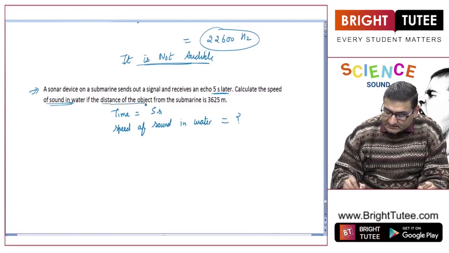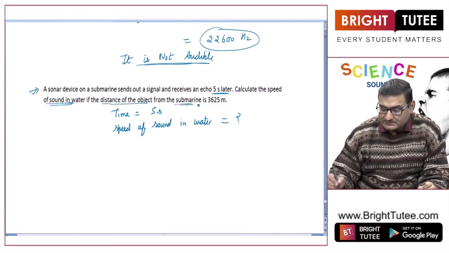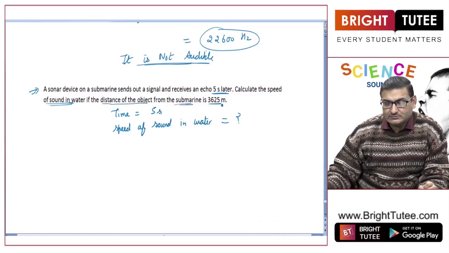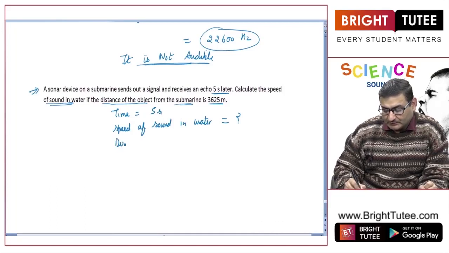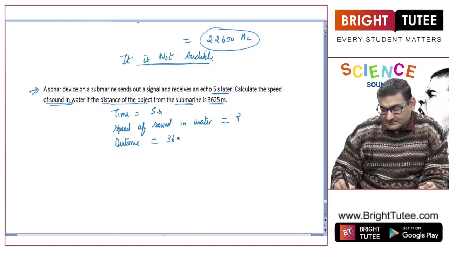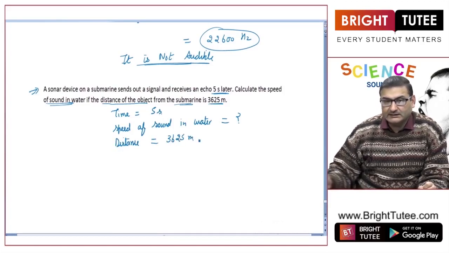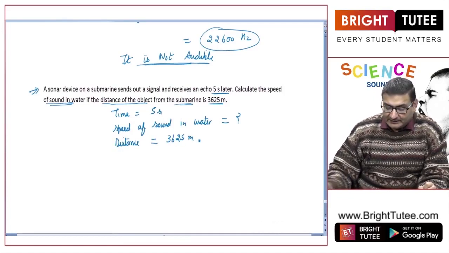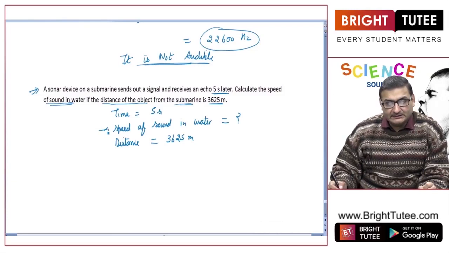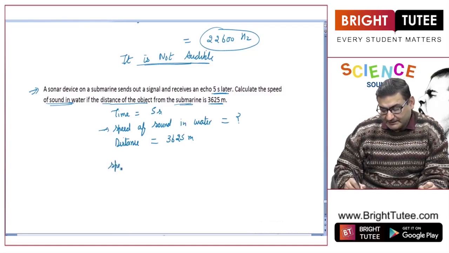If the distance of the object from the submarine is 3625 meter, the distance is given to be 3625 meter. We need to calculate the speed. We know the formula for speed. Speed is simply calculated by the formula distance upon time.